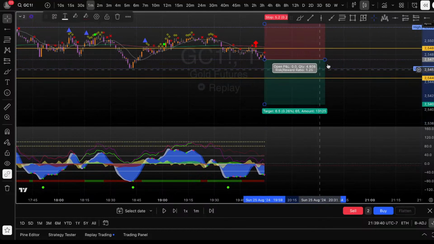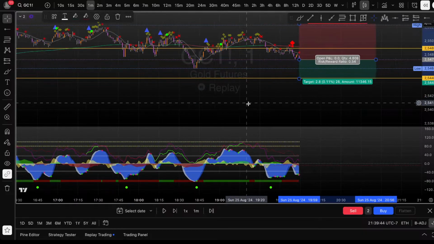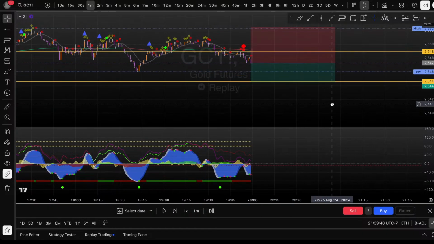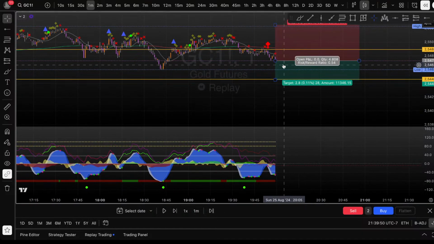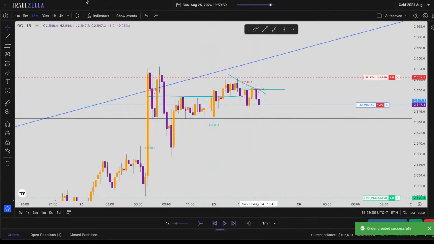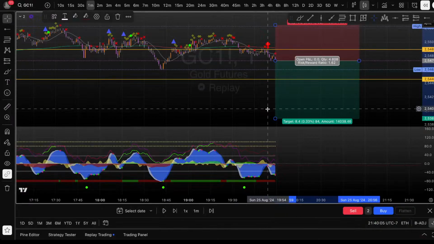You know, take profit is just TP1, ideally. And then TP2, you know, further down. So 25.29.8.